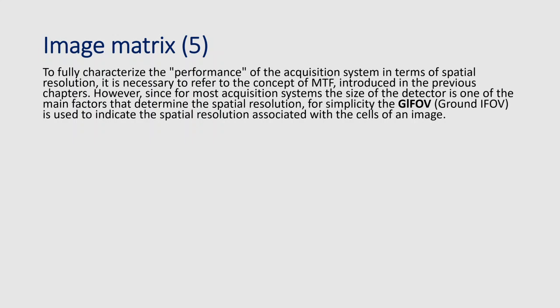So in order to fully determine the geometric resolution, we associate to each cell of the image, that has the same dimension for every single cell of the image, the information of the GFOV, that is the effective instantaneous field of view reprojected cartographically on the ground.